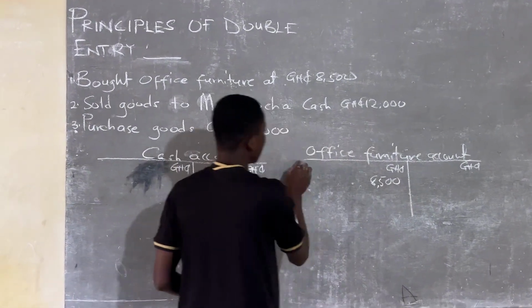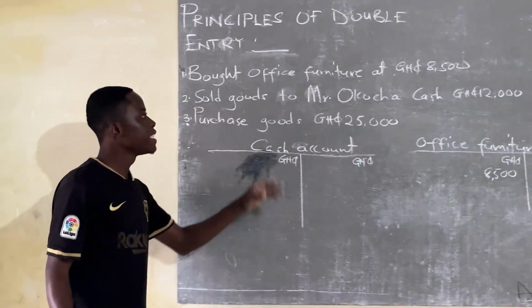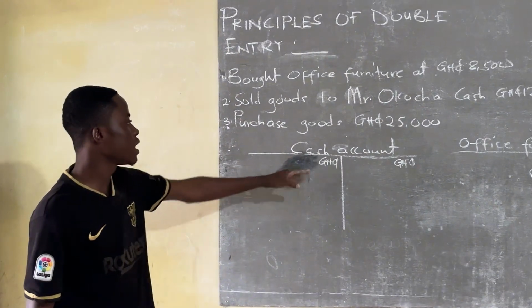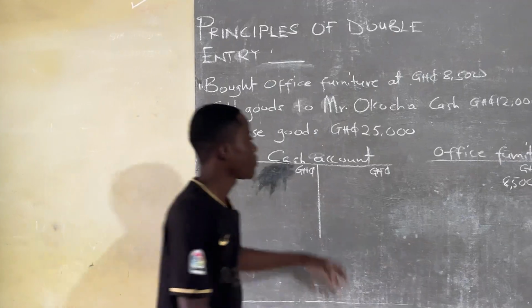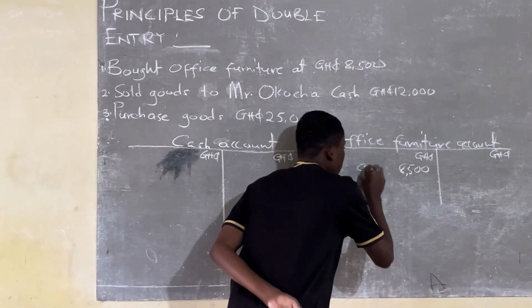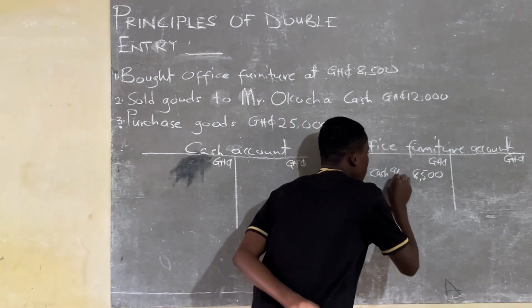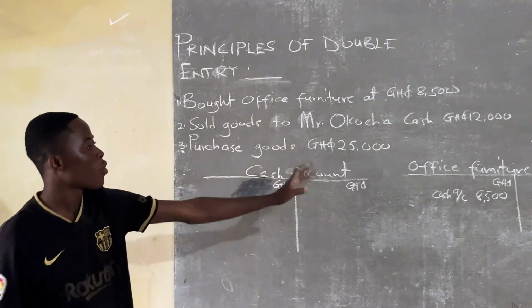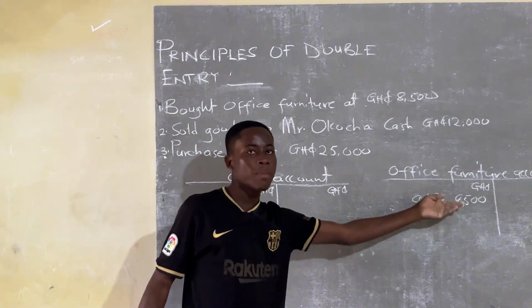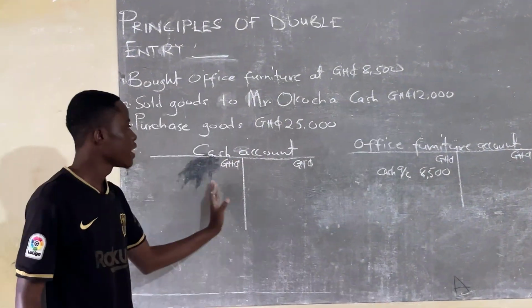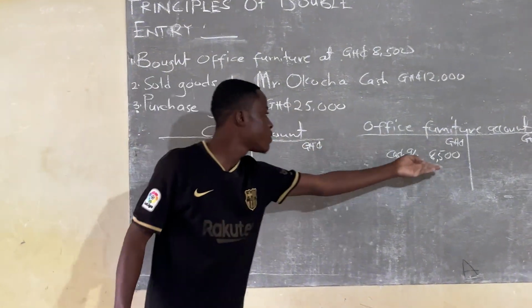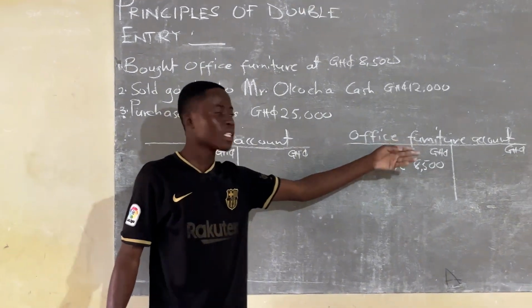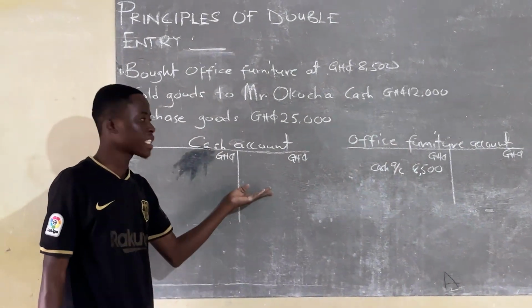And then the narration would be the other account involved, which is our cash account. And double entry states that for every debit entry, it must have what? Its corresponding credit entry. So since we debit the office furniture account, then the corresponding should be the cash account.